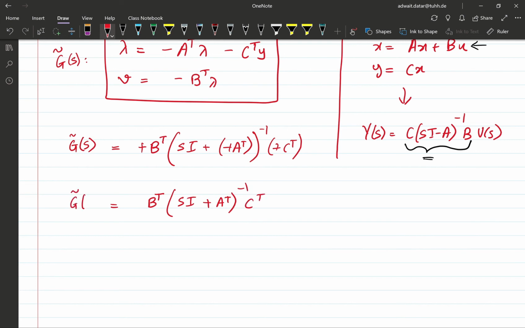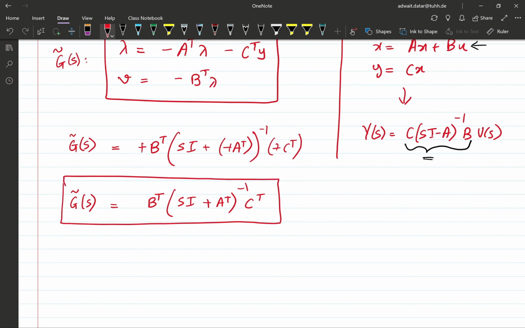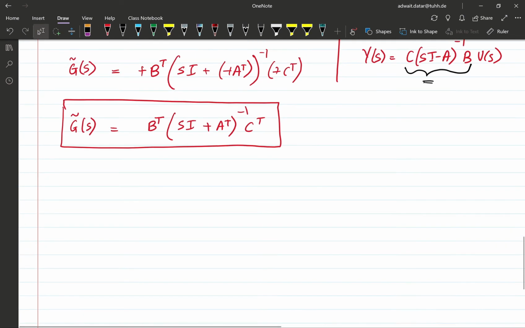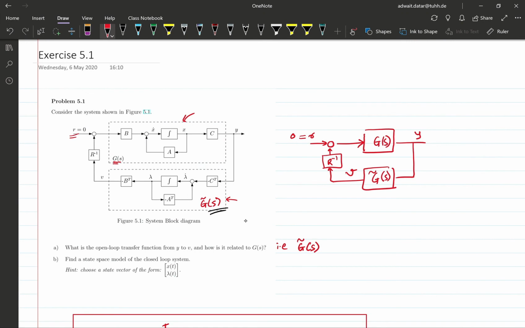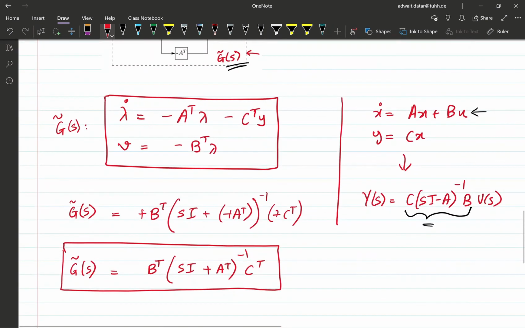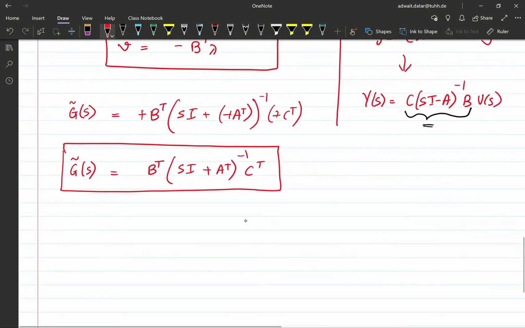So this is G tilde of S. Now note in this figure, the G of S is the standard state space model with the usual notation. So what I mean is this thing is basically G of S. So let me just write down here, that is C into sI minus A inverse P.